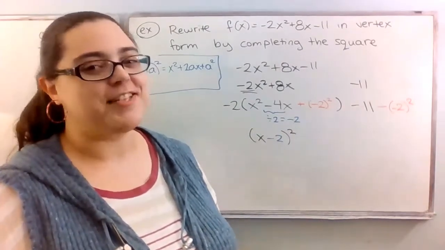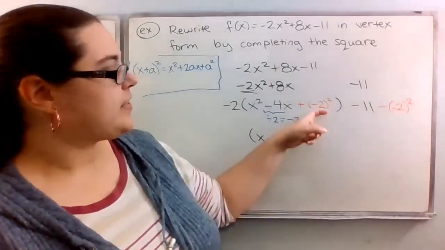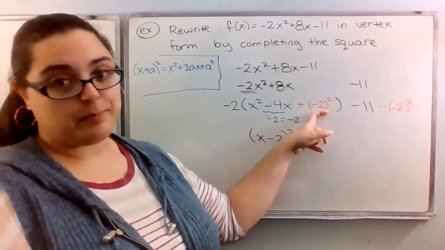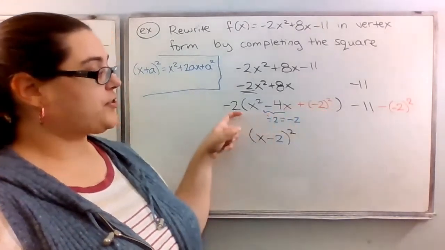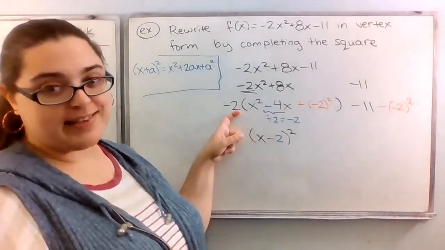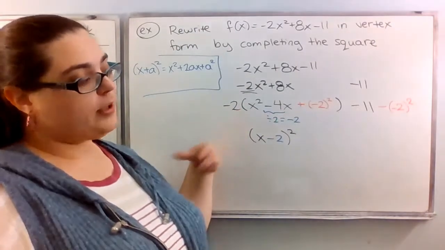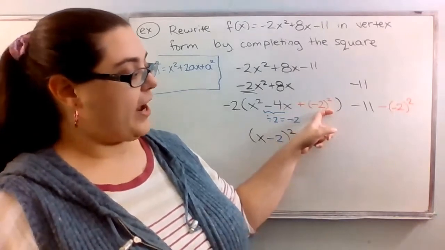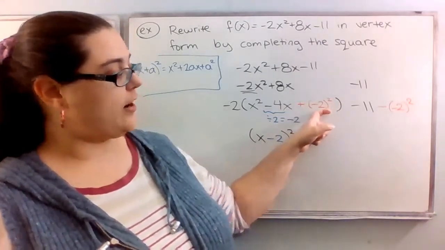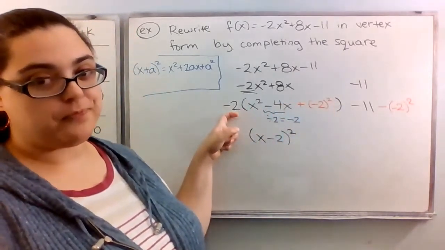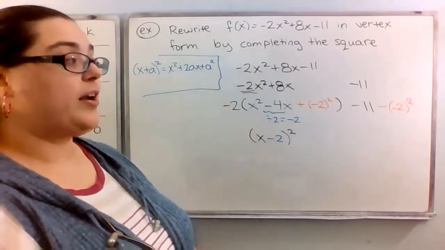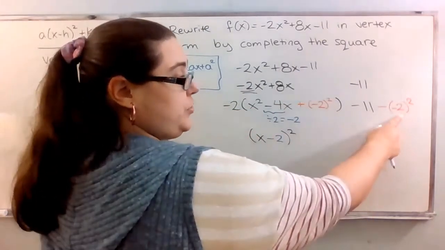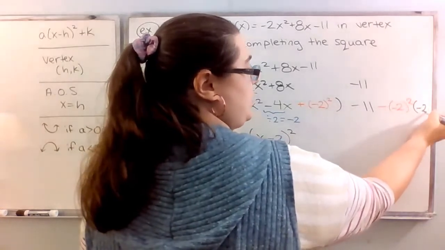Almost, we're so close. So the problem is this negative 2 being squared is inside parentheses. And there's a coefficient in front of those parentheses. So we're not really adding negative 2 quantity squared. We're adding negative 2 quantity squared times negative 2. So we want to subtract negative 2 quantity squared times negative 2.